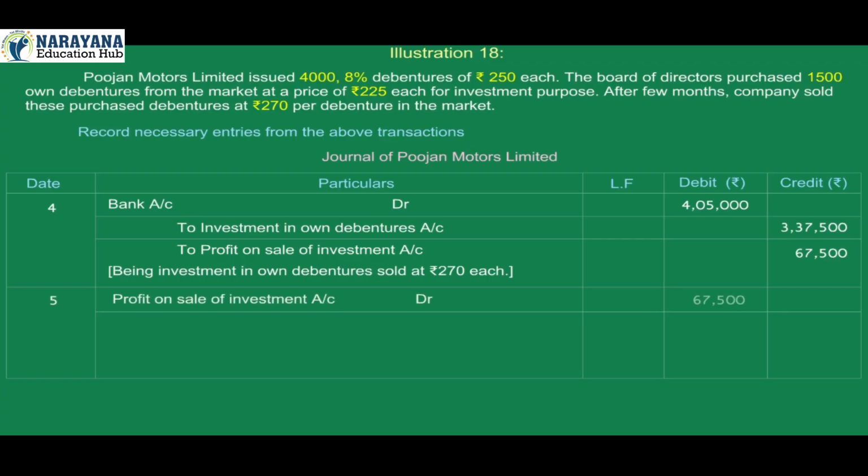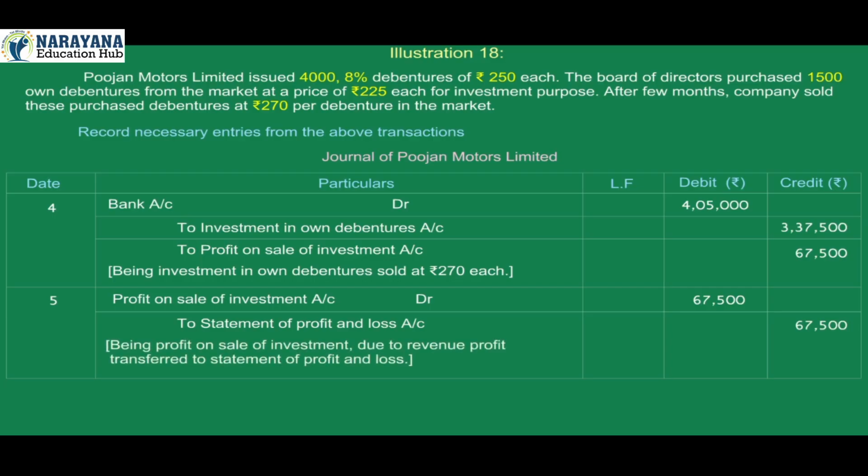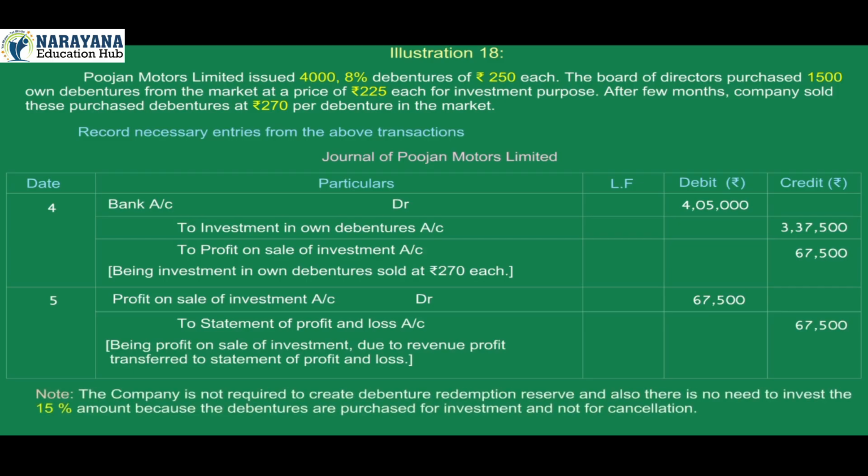Profit on sale of investment account debit 67,500, to statement of profit and loss account credit 67,500, being profit on sale of investment due to revenue profit transferred to statement of profit and loss. Note: the company is not required to create debenture redemption reserve, and also there is no need to invest the 15% amount because the debentures are purchased for investment and not for cancellation.